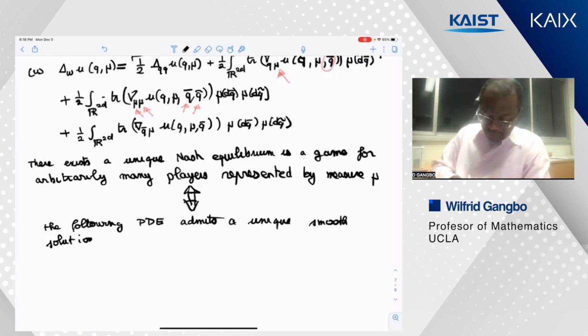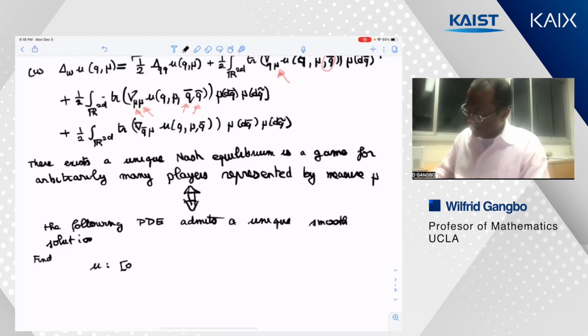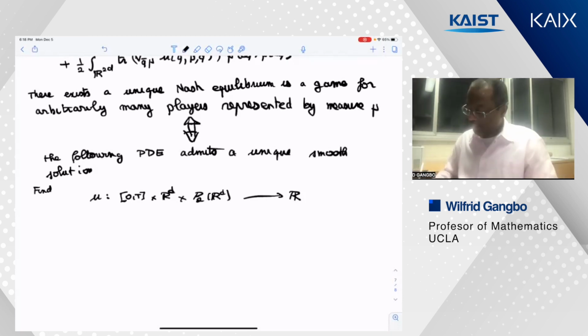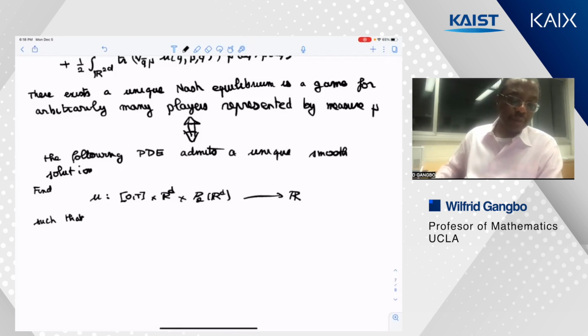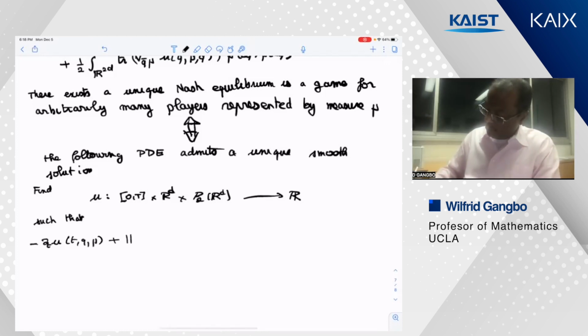So the PDE consists in find U from [0,T] cross Rd cross the set of probability measures on Rd into R, such that negative the derivative with respect to time of U at T, Q, mu, plus the Hamiltonian at Q, mu, gradient Q U at T, Q, mu.